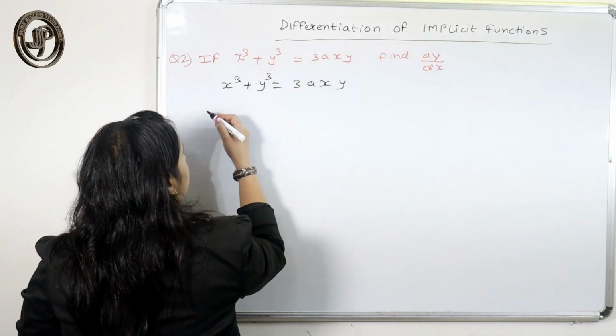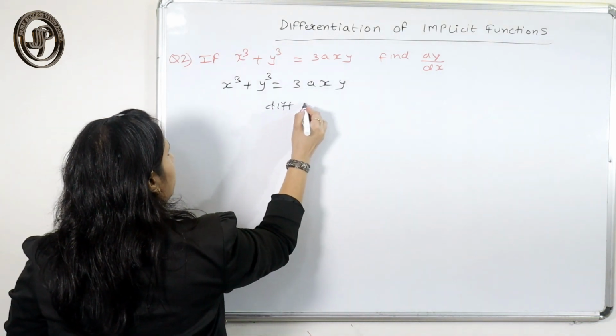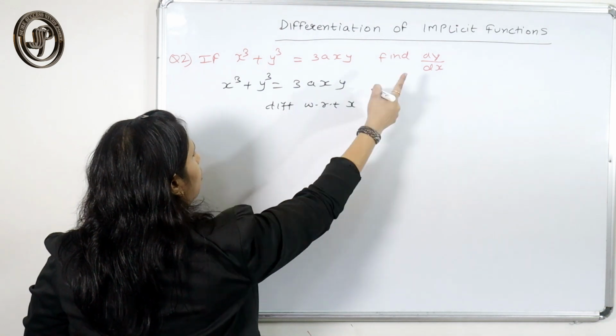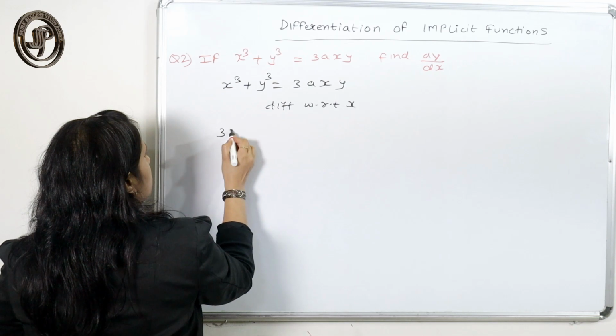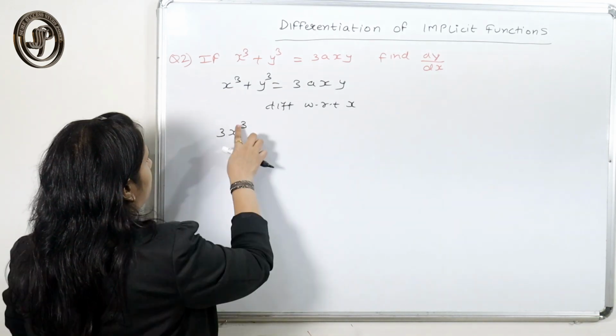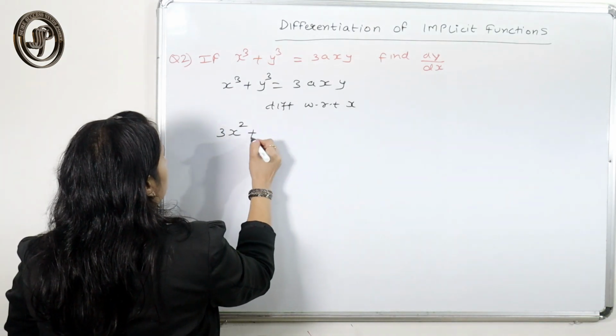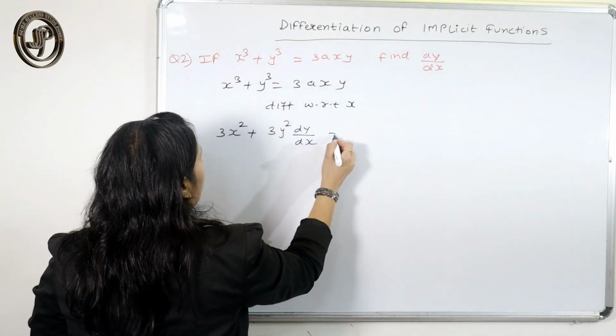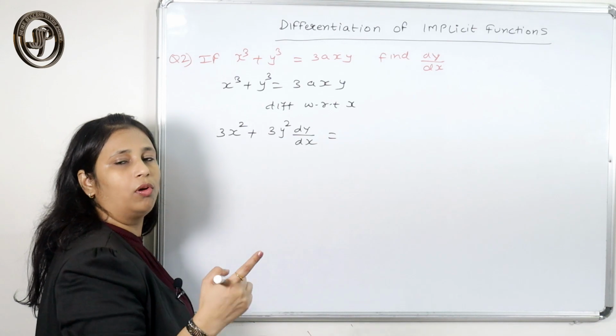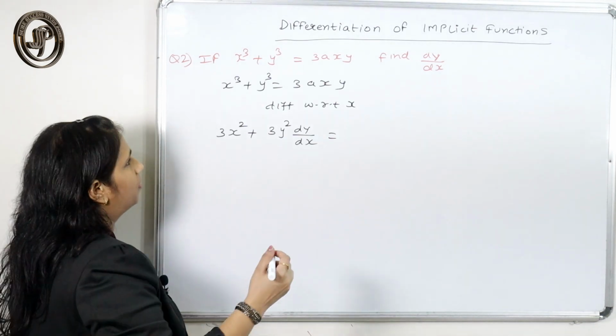So this is an implicit function. I am differentiating with respect to x, because I need to find dy by dx. What is the differentiation of this? x cube, sorry, it is 3x square, plus 3y square dy by dx. Why dy by dx? Because using the chain rule, the derivative of y is dy by dx.